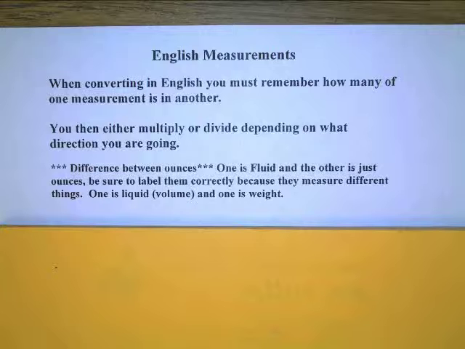Does anyone think they know what fluid ounces measure? Volume or weight? Volume. Why? This is fluid. Perfect. So when we say fluid ounces, we're talking about volume because we're talking about a liquid. And when you label stuff, you need to label it fluid ounces versus just ounces.